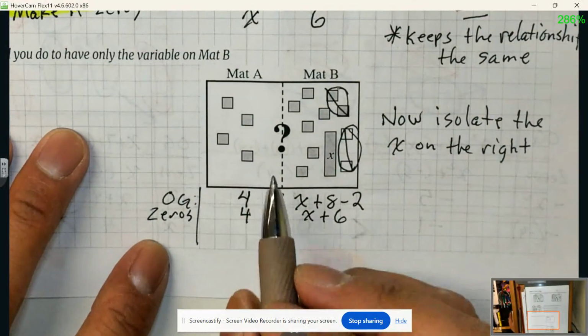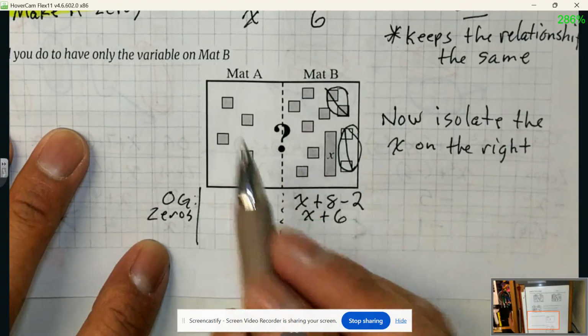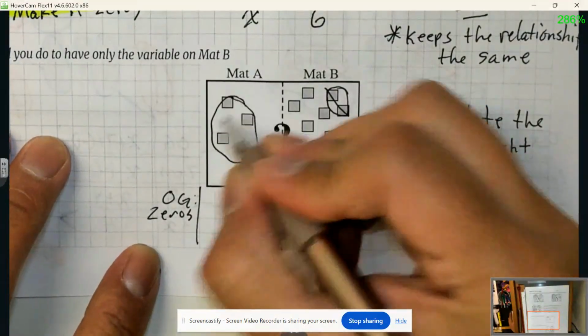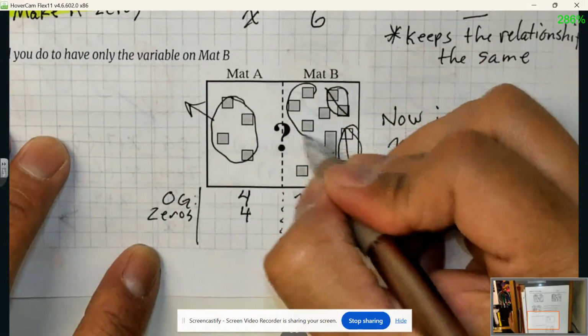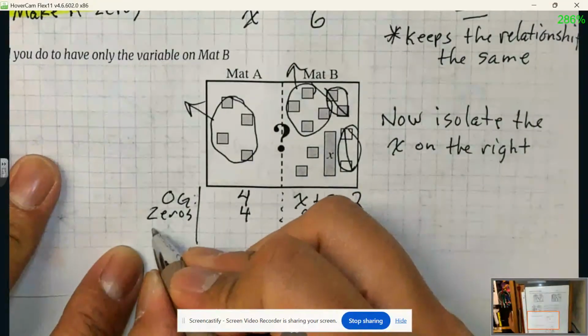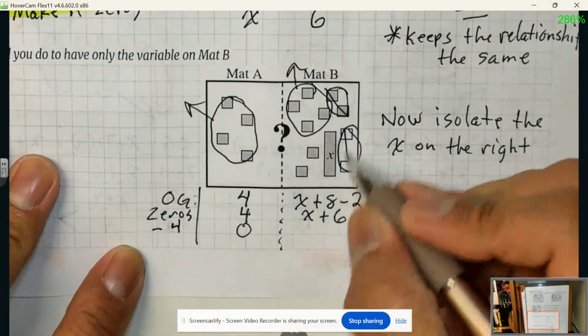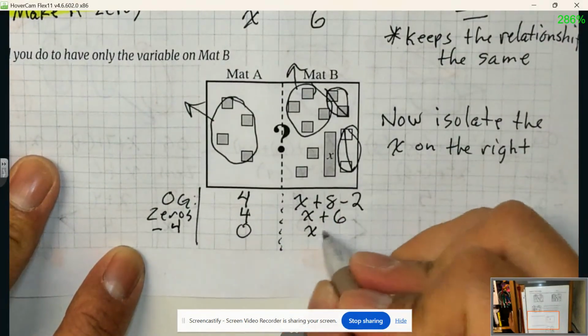So let's see. Our next step that we can do is we can take away 4 positives from both sides. We have 4 1s and we have 4 1s. So we're going to take that out. So we removed 4 from both sides, giving us 0 and x plus 2.